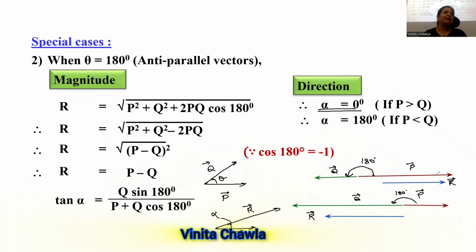They are pointing in the same direction. But when Q is greater, then R is pointing in the opposite direction, and the angle between P and R is 180 degree. So if P is less than Q, the angle is 180, and if P is greater than Q, the angle is 0 degree. I hope this is clear.